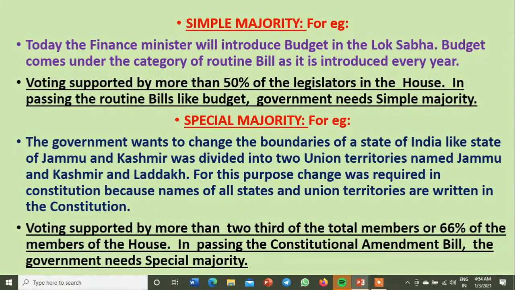For this purpose, voting supported by more than 2/3 of the total members, or 66% of the members of the House, is required. In passing the constitutional amendment bill, the government needs a special majority. Here you can easily understand special majority means 66% and it's not easy. I will talk to you about it later when I discuss the topic.